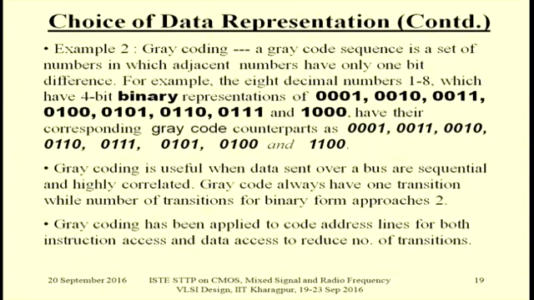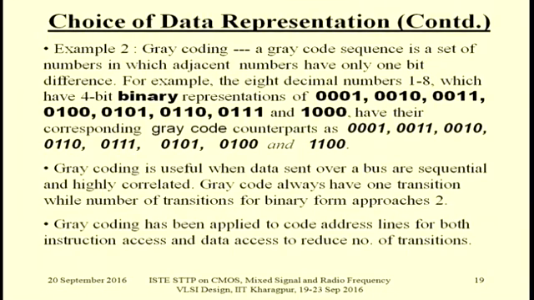For example, the 8 decimal numbers are there, which I've just written. Most of you know. So that means if you go sequentially, if you go from say 1 to 2, there is a single change. Okay. The corresponding gray code, if you go say 1 to 2, only single bit change, and so on.